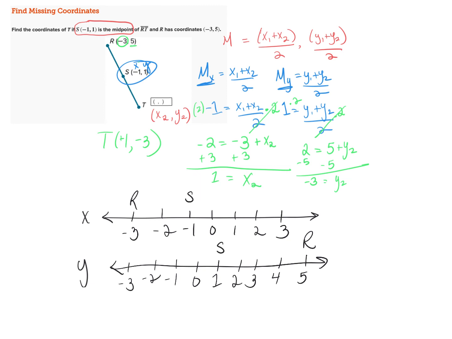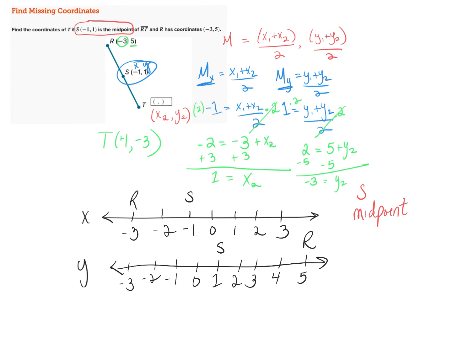Once you've set up your number lines and you placed your letters at the appropriate values, remember what we're trying to solve for, and the fact that S is your midpoint.